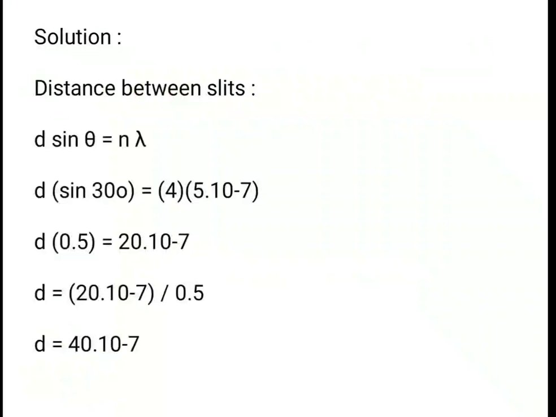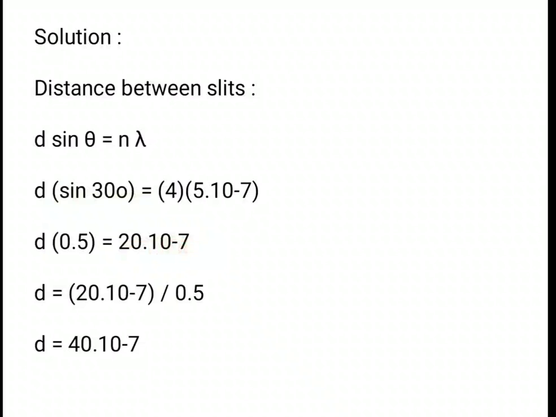Now the distance between two slits: d sin theta is equal to n lambda. So here we substitute the value of theta. So d into sin 30 degrees is equal to, the order is 4 and the wavelength is 5 into 10 power minus 7. Sin 30 degrees is 0.5.